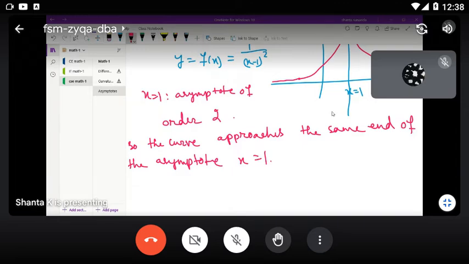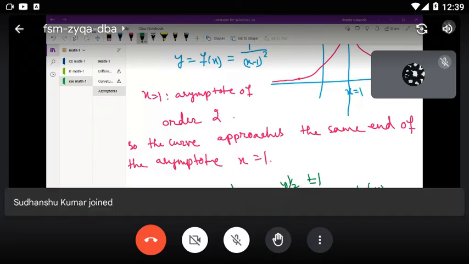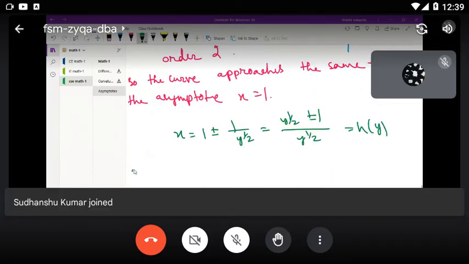So if you try to write it the other way, you can find that x minus 1 equals plus or minus 1 by y power half, and further y power half equals plus or minus 1 divided by x minus 1. So y equals 0 is the asymptote.